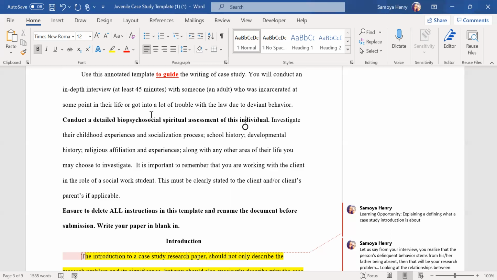So you are talking about their childhood experience, their school history, their developmental history. Like I know somebody who is in constant trouble with the law, constant trouble, right? And she grew up in a wonderful household, wonderful family, somebody who loved and cared for them, but was constantly in problems with the law. And it's like, well, why is that the case?